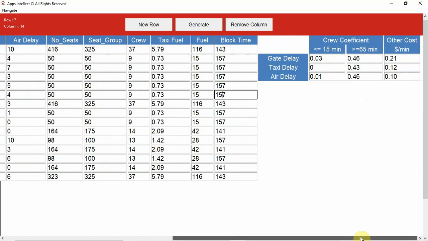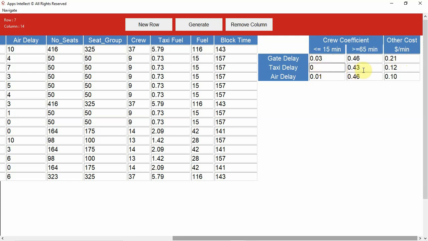And then we have the coefficients for the crew cost. There are calculations here which will be used: for gate delay less than or equal to 15 minutes, the crew coefficient is 0.03. For greater than or equal to 65 minutes, the coefficient is 0.746. What are the other costs in minutes? These are dollars, so 0.21 is the other cost associated with the gate delay.